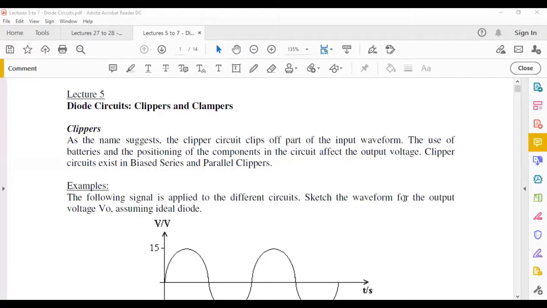So it's a bit more advanced diode circuit. So for your batch, we are going to consider clippers, not clampers, but you have it in your notes. If you want to read on clampers, that's fine.